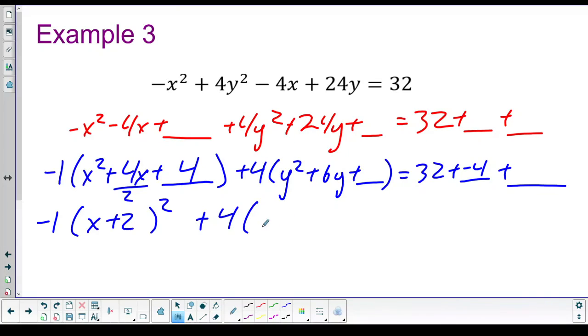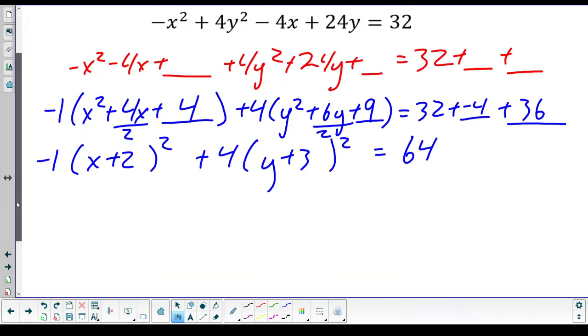Plus 4, y and something squared. We take half of the linear term, plus 3. Square this is 9. 9 times 4 is 36. Equals, simplify: 32 minus 4 is 28, plus 36 is 64.